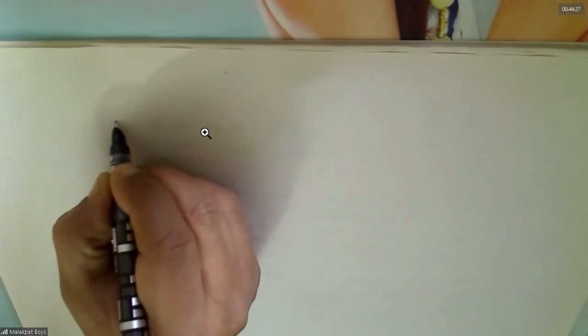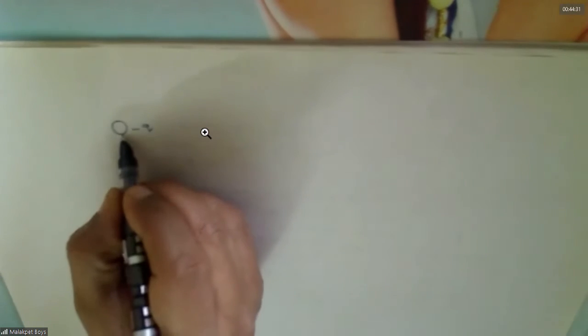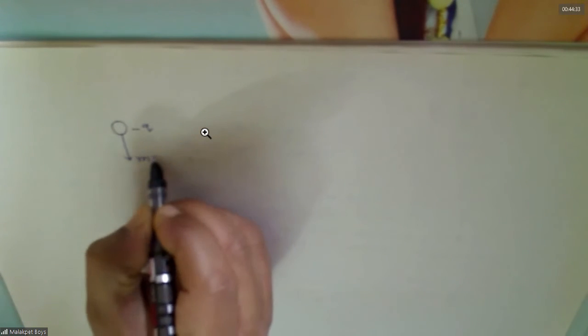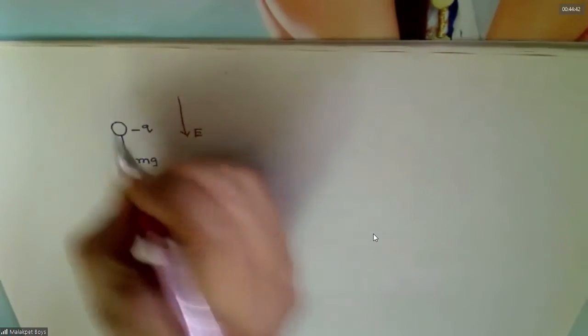For example, this charge is negative. Now, in a gravitational field, due to its own weight, it will fall down. Now, in which direction should I keep the electric field? If I switch on an electric field like this, the negative charge will experience a force like this.